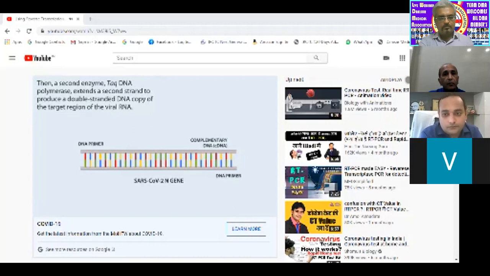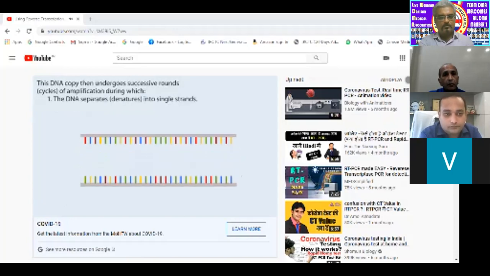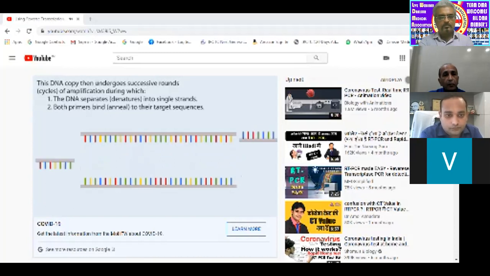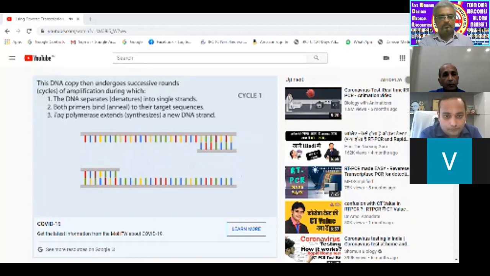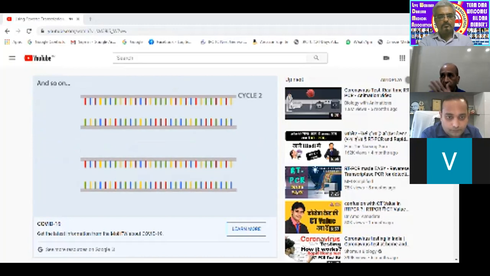This DNA copy then undergoes successive cycles of amplification during which the DNA separates, denatures into single strands, both primers bind, anneal, to their target sequences, taq polymerase extends, synthesizes a new DNA strand, and so on.